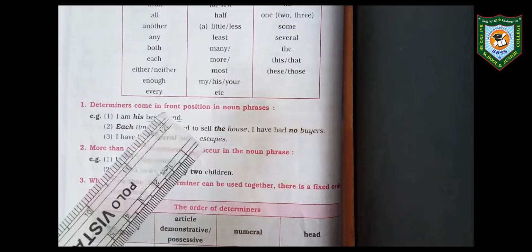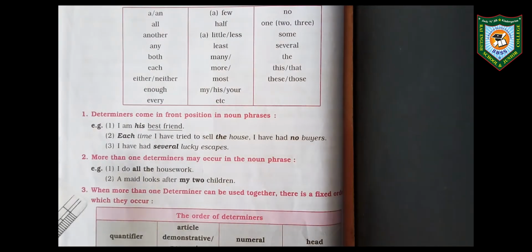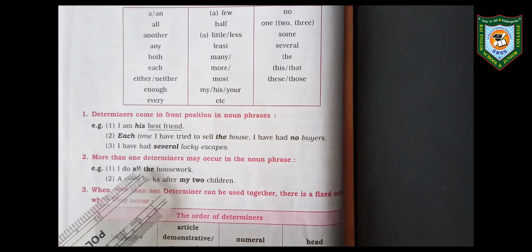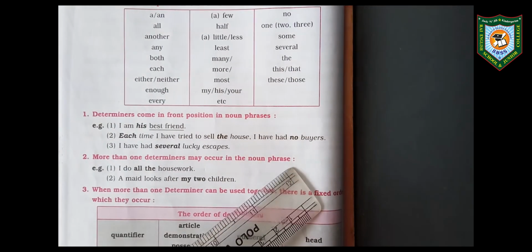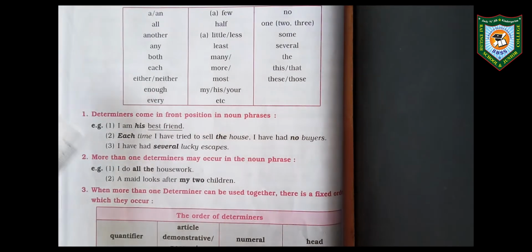It is not only in one sentence, there can be more than one determiner. In the third sentence, I have had several lucky escapes. Second, more than one determiner may occur in a noun phrase. Just as I said, in one sentence there can be more than one or two determiners.